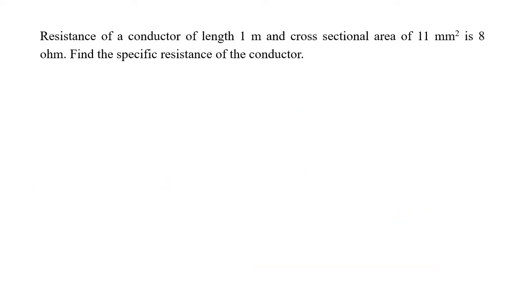The next numerical we have, the length of the conductor is 1 meter, so it is already in the SI unit. Cross-section area A equal to 11 mm square. Like we did in the previous sum, it is 11 into 10 raised to minus 6 meter square. And the resistance is given, 8 ohm. We have to find out the specific resistance.